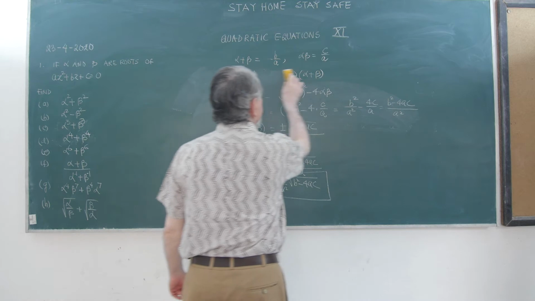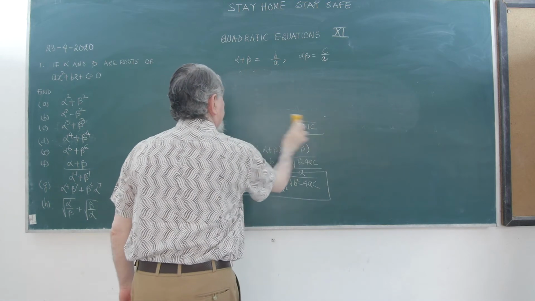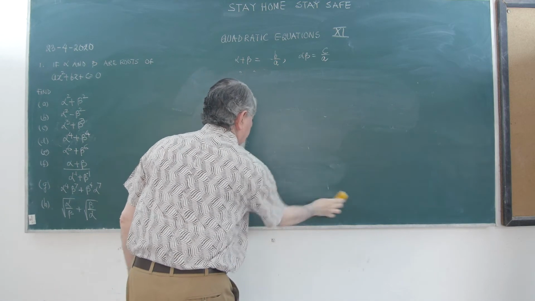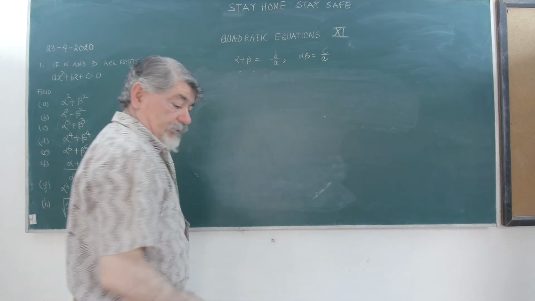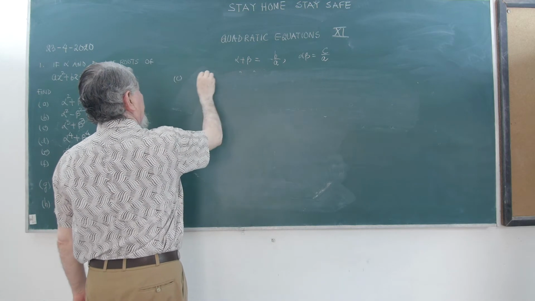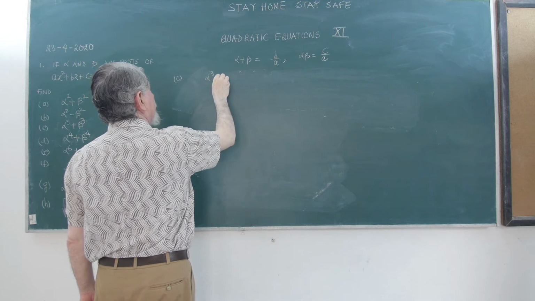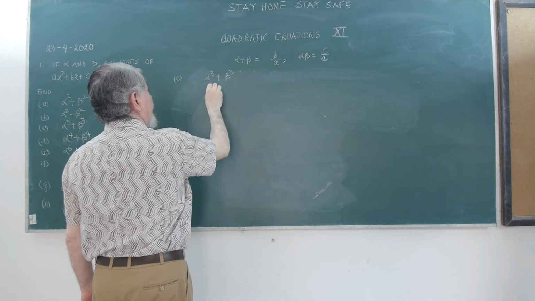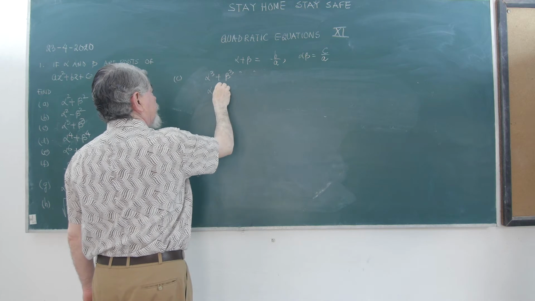Now let us see the C part of the question. C is alpha cube plus beta cube. Again, it is alpha plus beta whole cube.